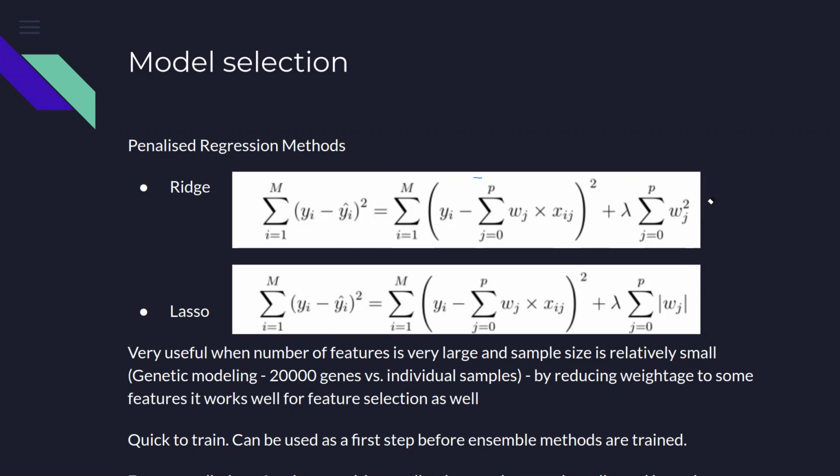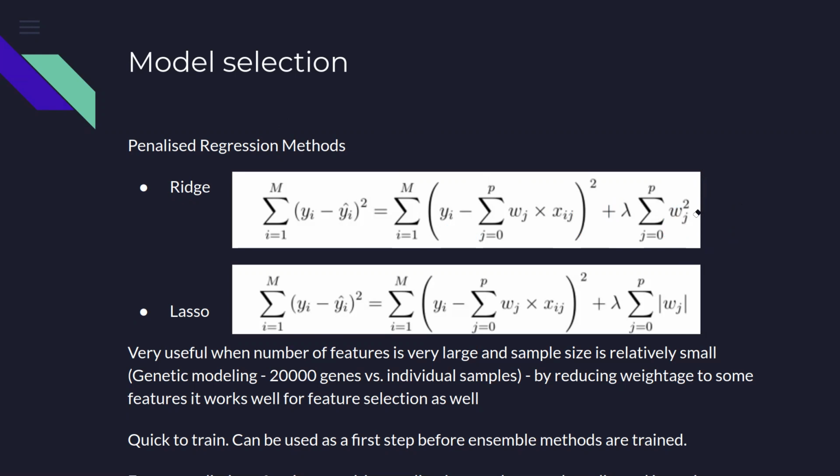So if the weights are given high, then it will penalize those models, and therefore it will ensure that the ultimate result that we get would be having not a very concentrated weight, but maybe reasonably distributed or normally distributed weightages for each feature.